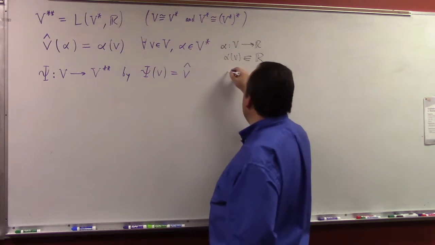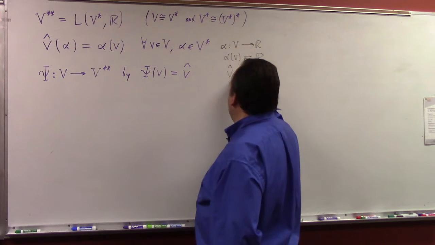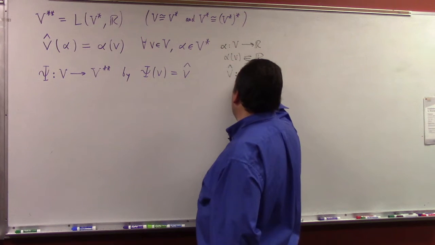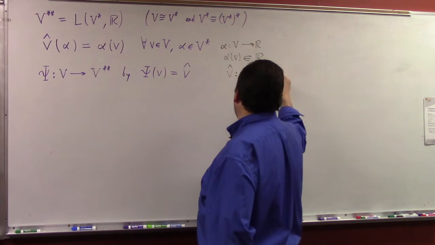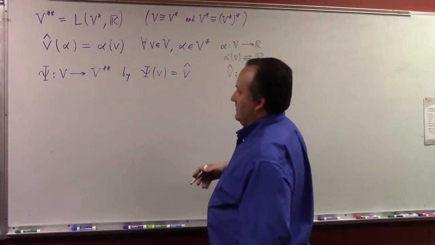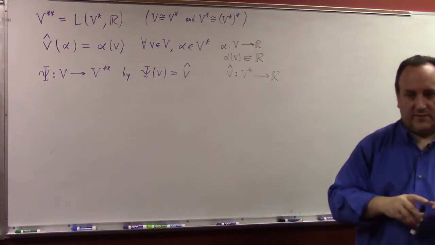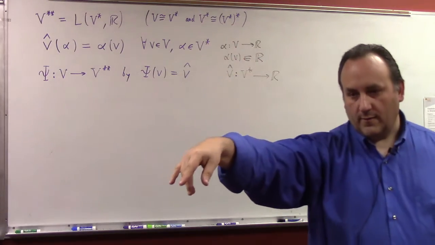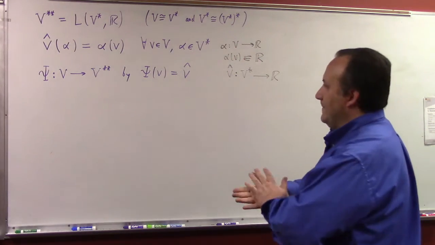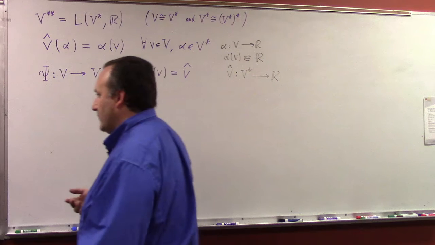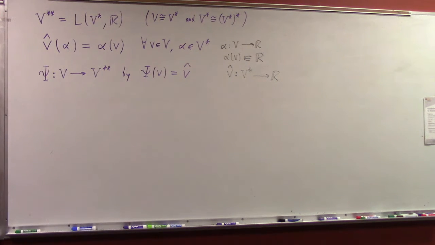V hat should be a mapping from where? From V dual to the reals, right? Yeah. And so I'm producing a real number. Yeah, because we had this function. We got it? Cool.